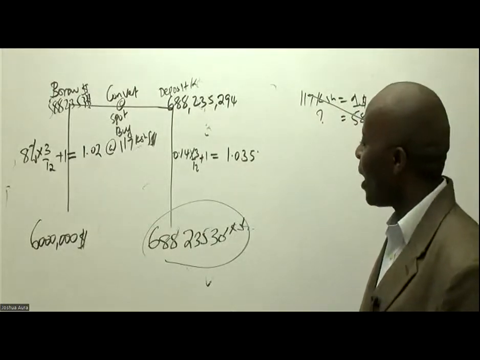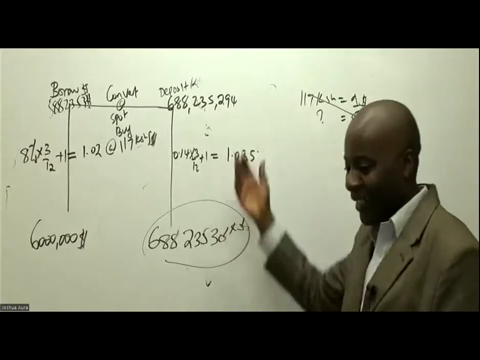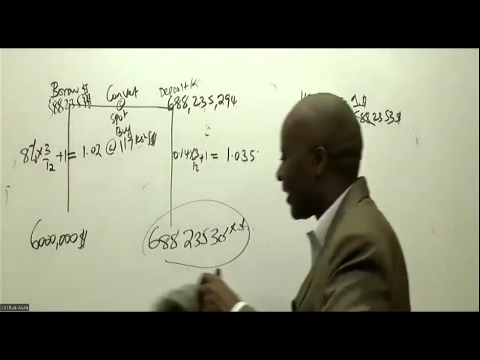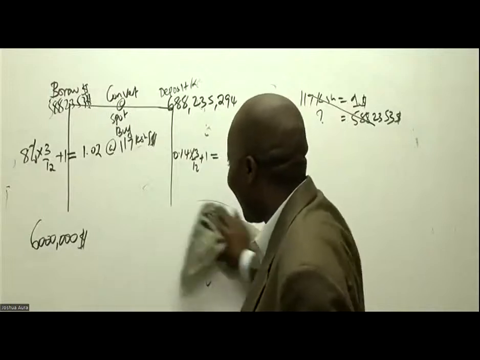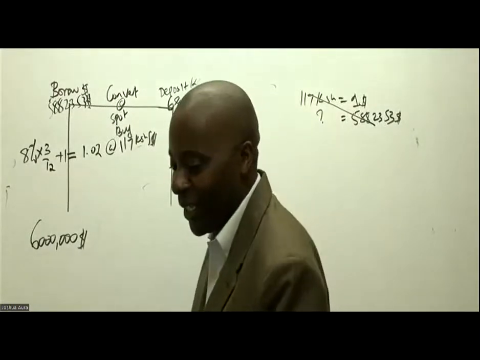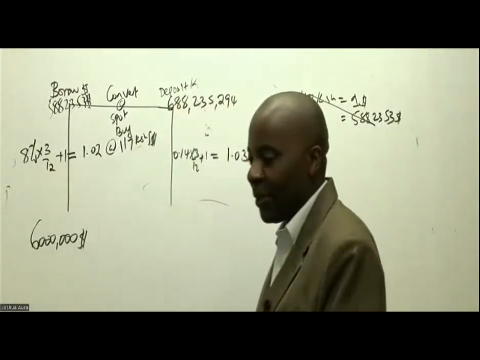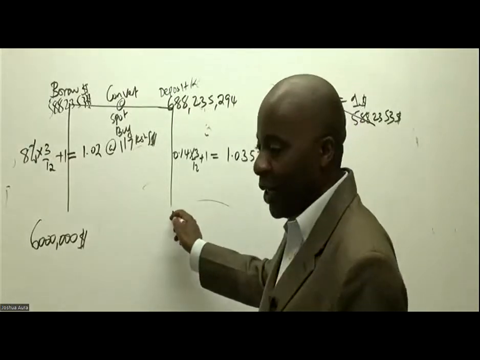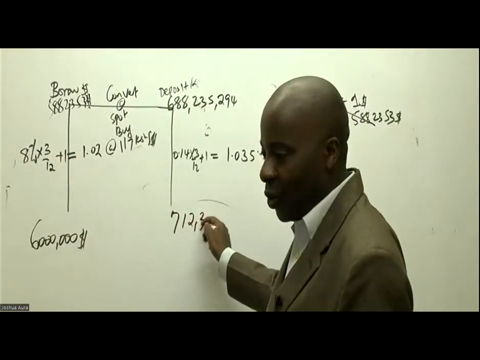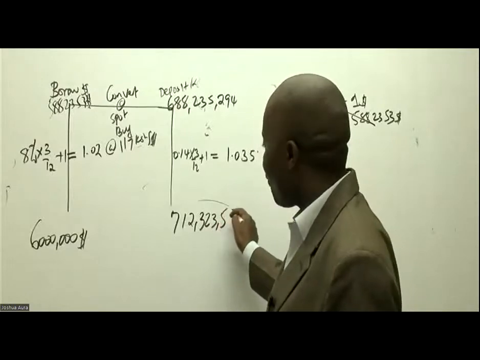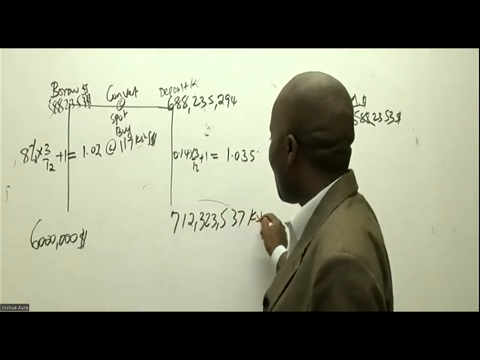When you multiply it down, I'm supposed to be getting 712,323,537 Kenya shillings. Thank you very much.